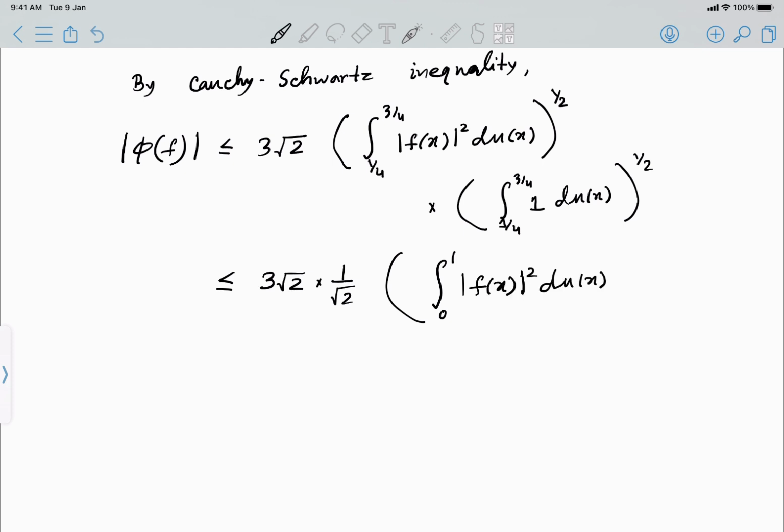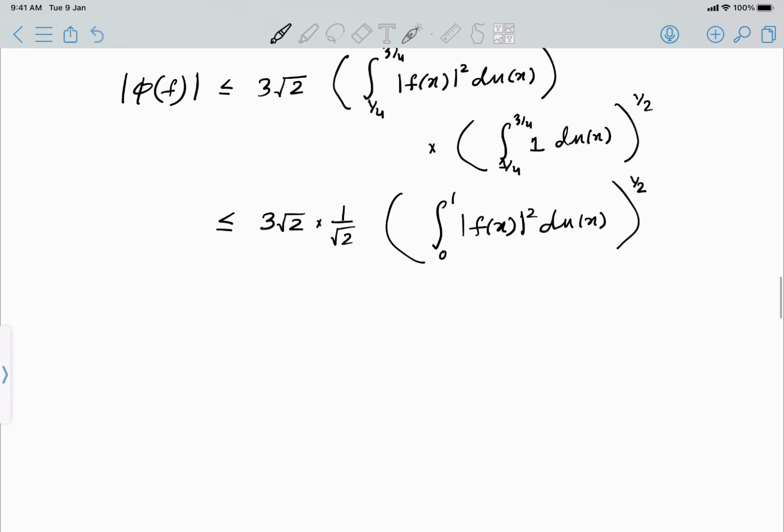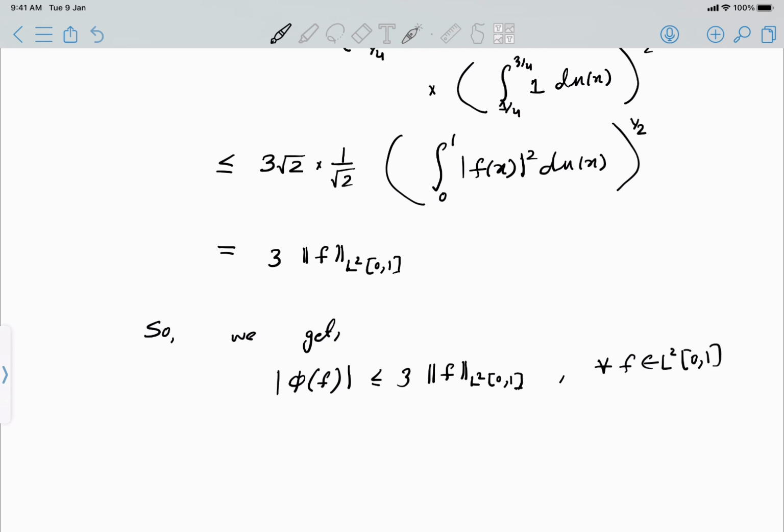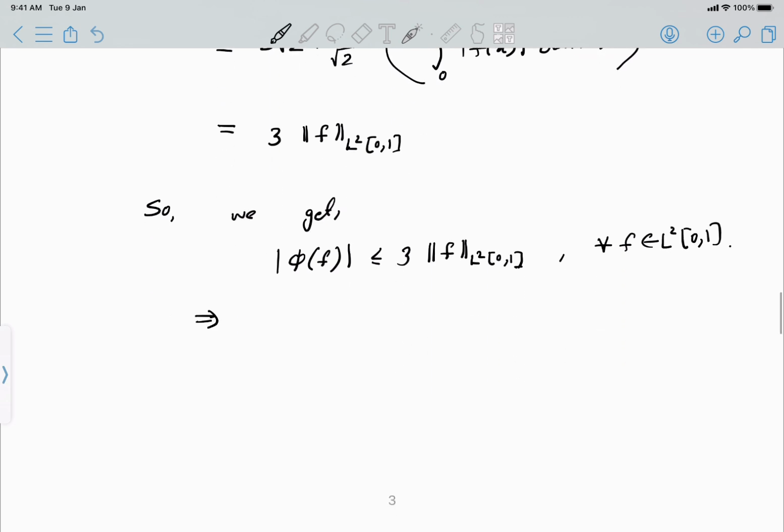Therefore we get 3 times the L2 norm of f over [0,1]. So we get that mod phi of f is less than or equal to 3 times the L2 norm of f, and this is true for all f in L2[0,1], which implies phi is a bounded linear functional.